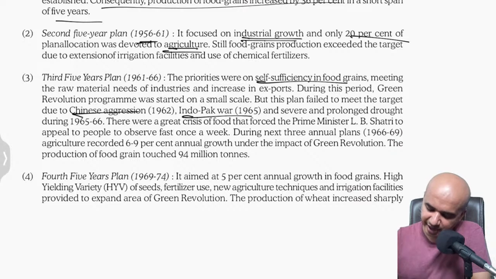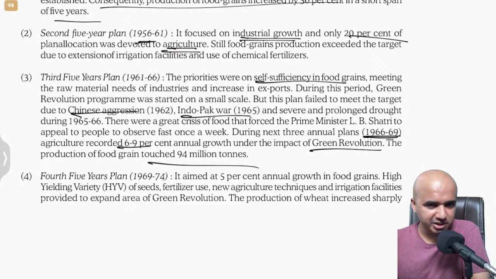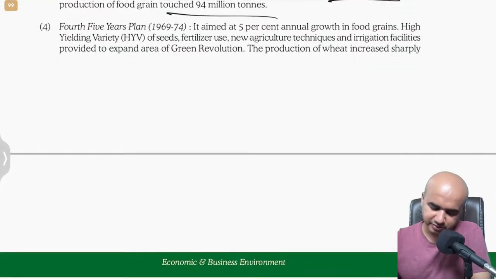During the next 3 annual plans, we had to do annual plans because of wars. Agriculture recorded 6 to 9% annual growth, which is actually interesting, encouraging under the impact of the green revolution. The production of food grains touched 94 million tons. Good. Next, the fourth 5-year plan aimed at 5% annual growth in food grains, with high yielding variety of seeds, fertilizer use, new agriculture techniques and irrigation facilities provided to expand the area of the green revolution.